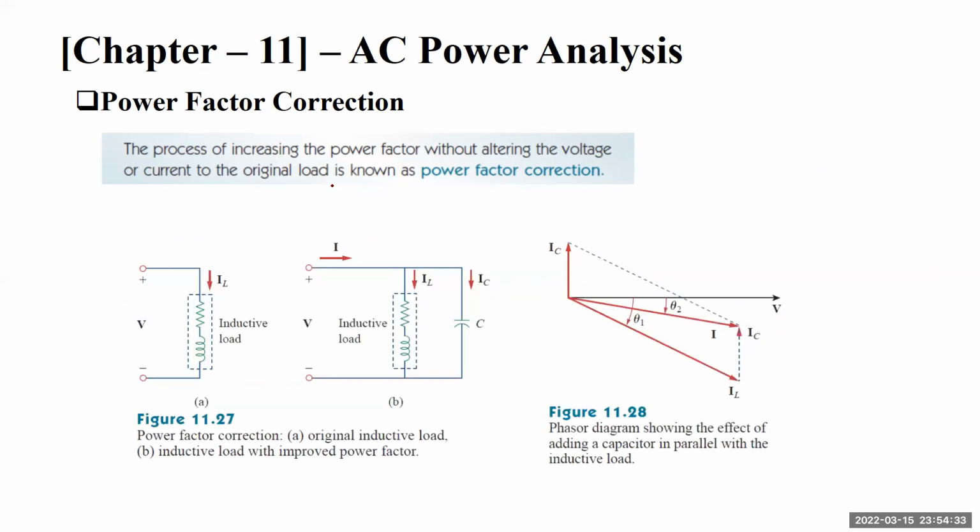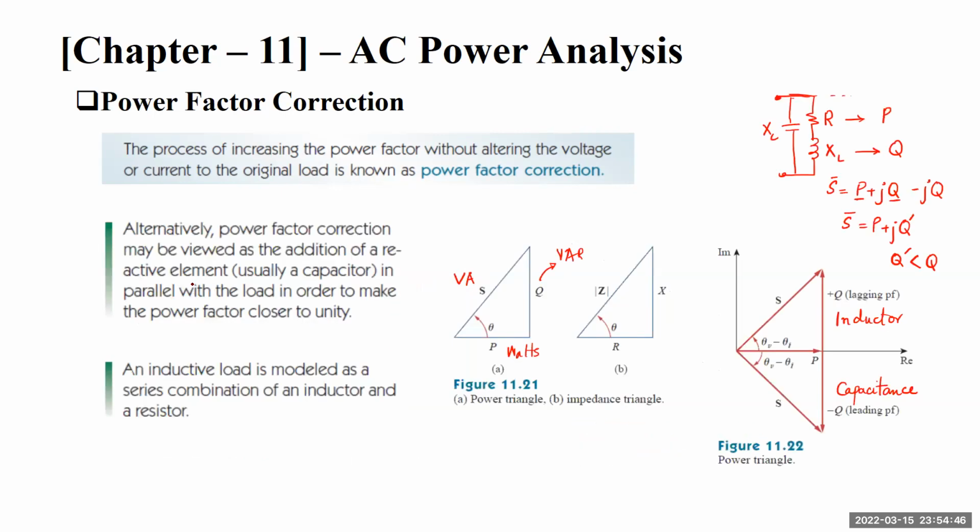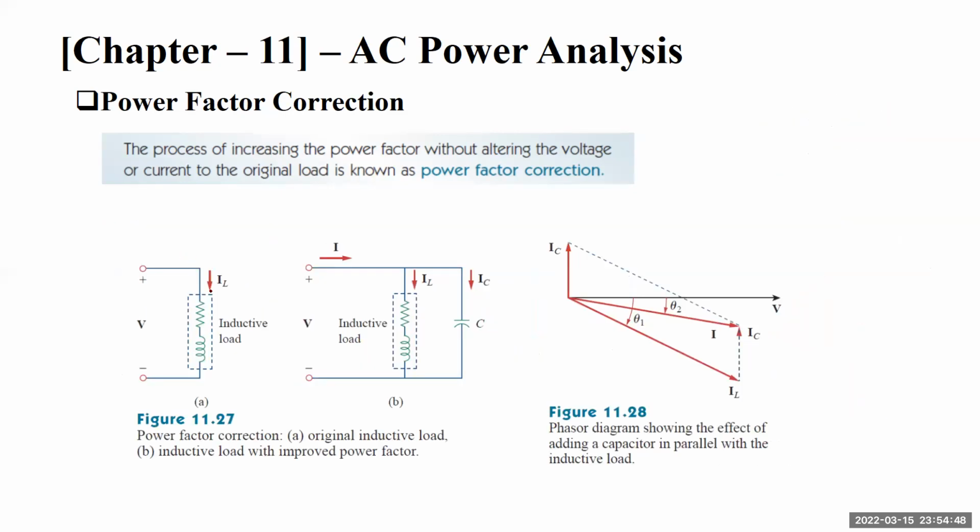So remember, the overall process of increasing the power factor without altering the voltage or current to the original load is known as power factor correction. In my last slide, I have drawn the same circuit. Here we see a voltage appearing across a load, and that load is inductive in nature.